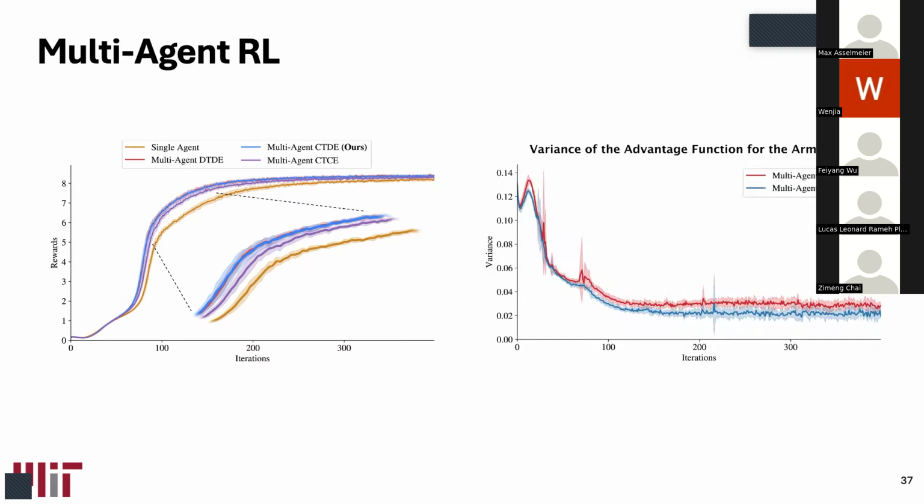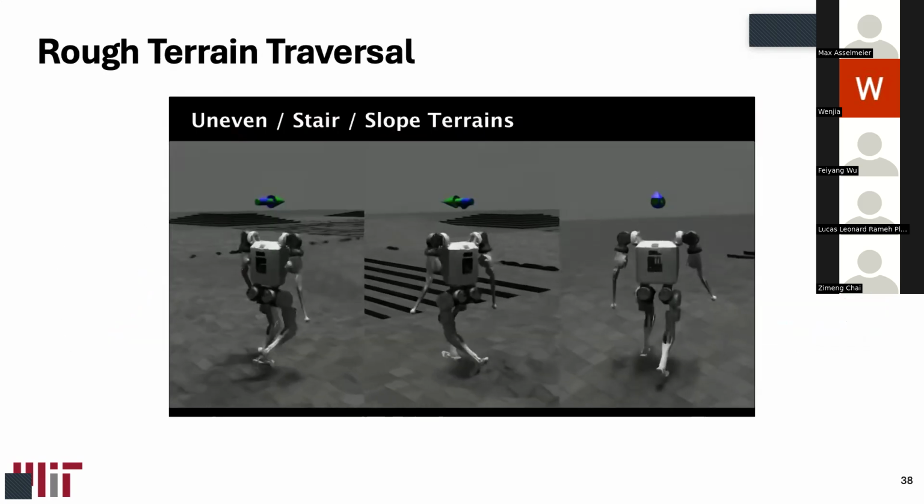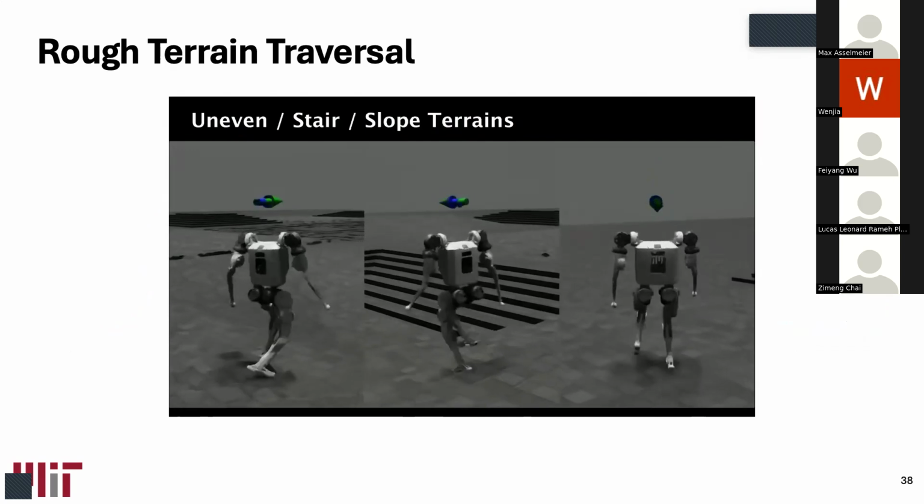So by using the centralized training, by having the critic observe holistic information, we can have much lower variance, meaning the gradient information itself is more reliable to help the learning. And we also further try this on the uneven terrain.